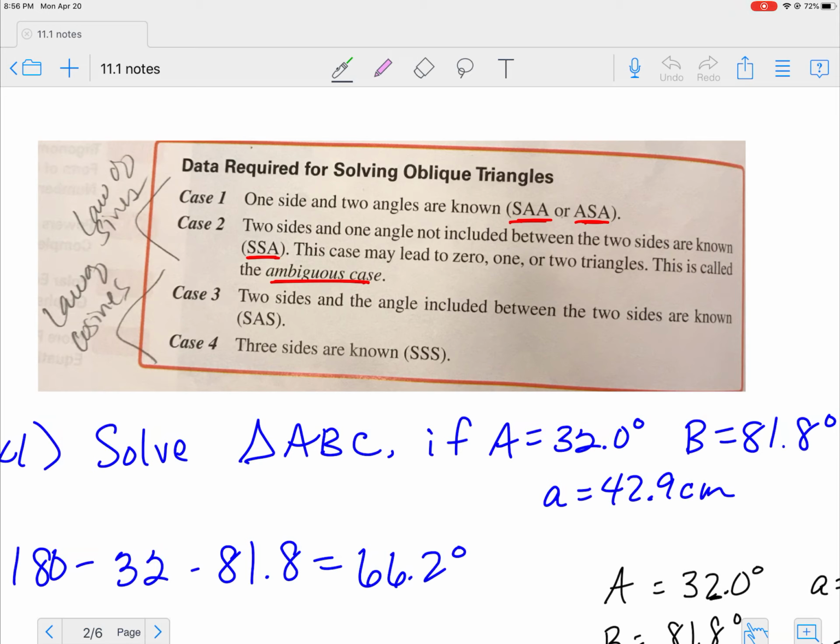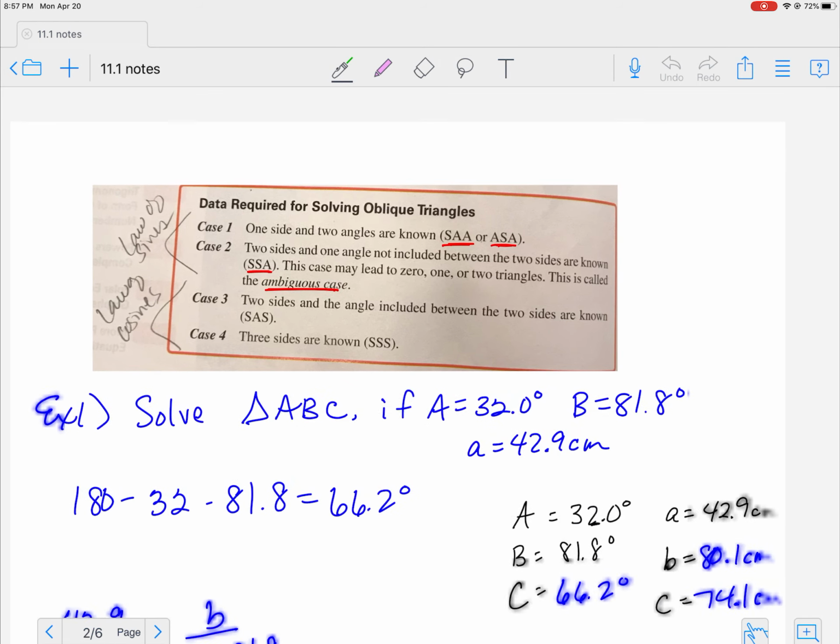All right. Okay. This case is the fancy pants one. You can have 0, 1, or 2 triangles, and it's called the ambiguous case, those 2 triangles. All right, so we'll get to that and we'll practice some of that so you can see what's going on. But first, let's just rock the socks off of this and see what we've got.